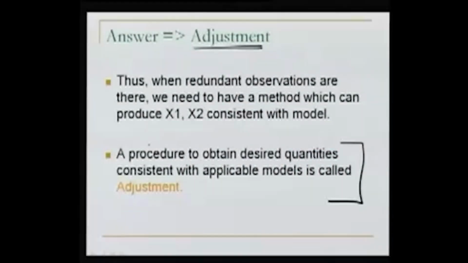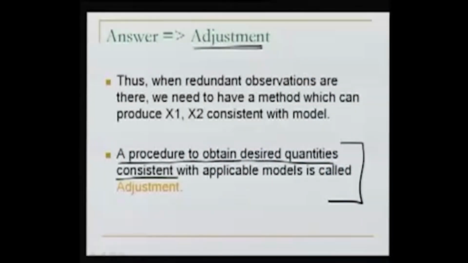So what is adjustment? Adjustment is a procedure to obtain desired quantities, our final aim is to obtain desired quantities, not the observations, which are consistent with the applicable models. That is important.